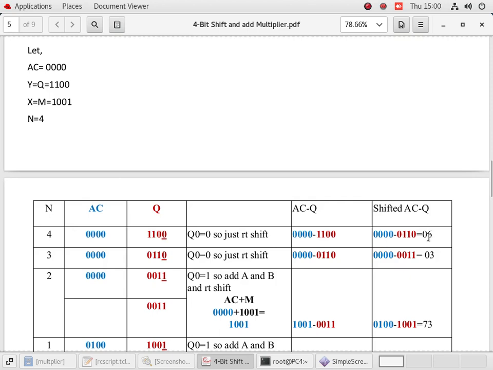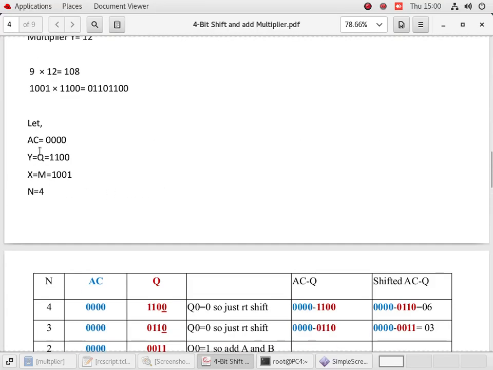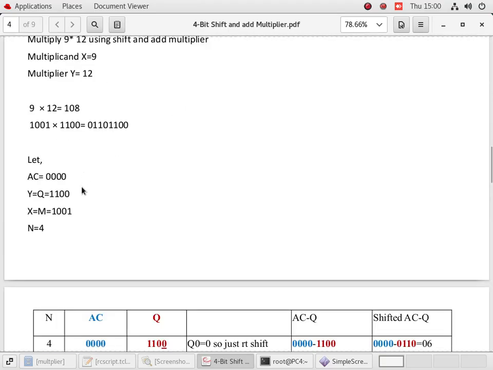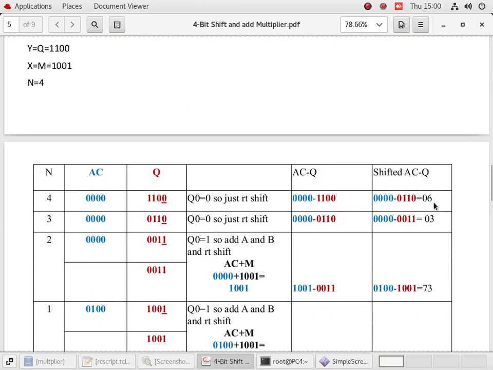Once we right shift, the new value we get is 6. It was 9 and the q was 12. So now it is 6. Next, this accumulator value is written here and the new value of q is written here, and again the q0 bit is checked, and again q0 is 0.